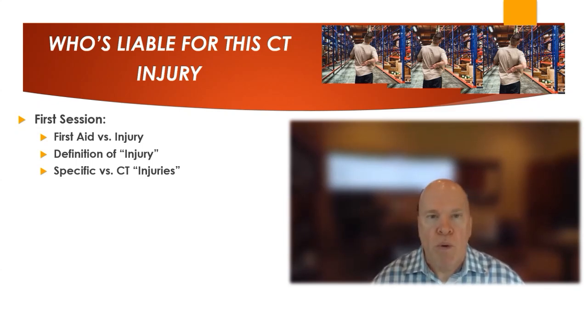The most important principle for you to rely on and for you to understand is that in order to have a cumulative trauma industrial injury, there first has to be an injury. Without an injury, there can be no industrial injury, and there can be no cumulative trauma industrial injury.